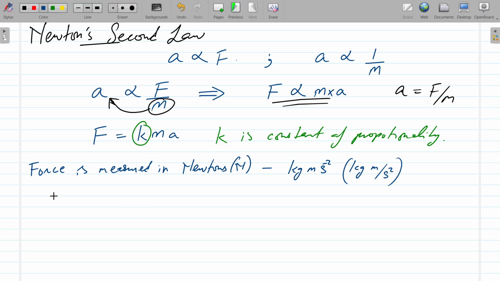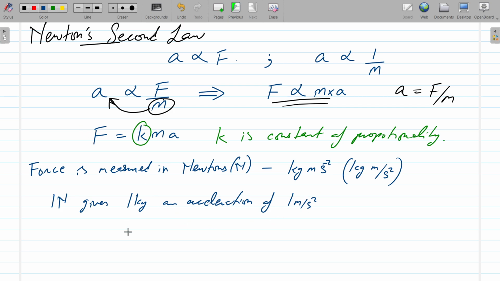A 1 newton force is defined as the force required to give a mass of 1 kilogram an acceleration of 1 meter per second square.